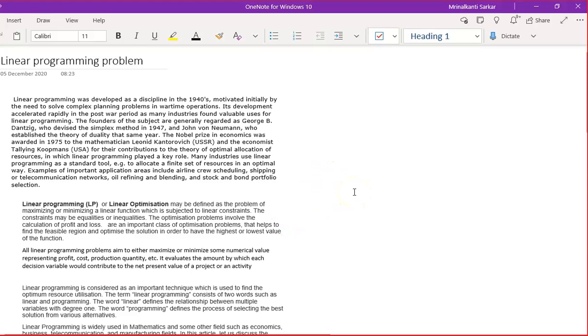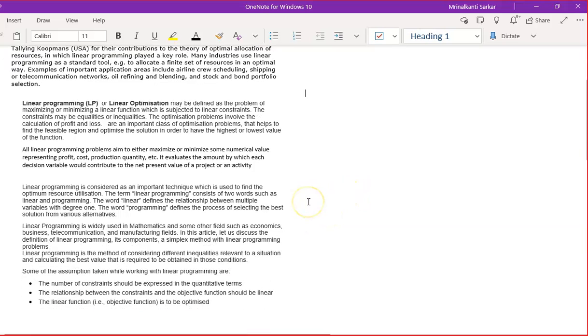The most useful part of mathematics in daily life, probably this one. I think this has wide application in other subjects also. Commerce, economics, any branch where you want to maximize a linear function, linear programming problem plays a very important role.